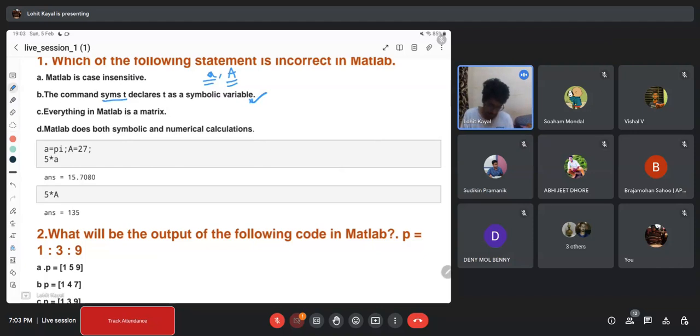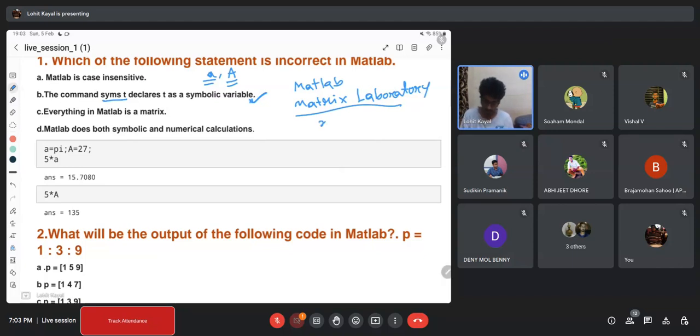Now everything in MATLAB is a matrix. The full form of MATLAB is matrix laboratory, so obviously everything in MATLAB will be in terms of matrices.